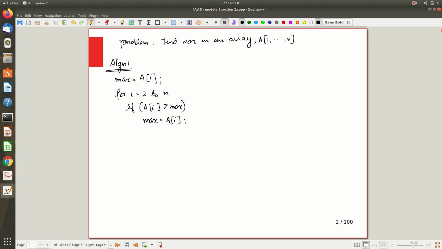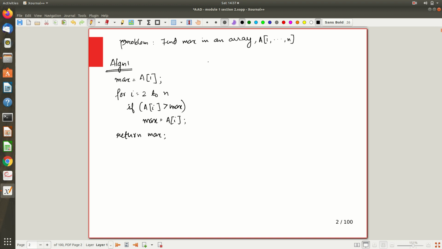And finally, once you come out from this for loop, you can simply return the maximum element back to the main function. I'm not writing it like a program, just highlighting the algorithm notion only. So you know how to implement it using any given language. Okay, so you got it, right? So this is one way of doing it.